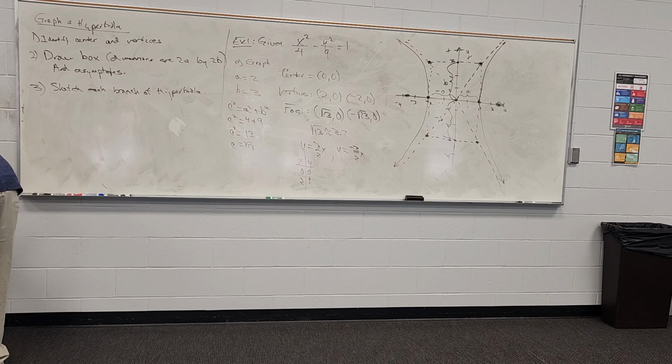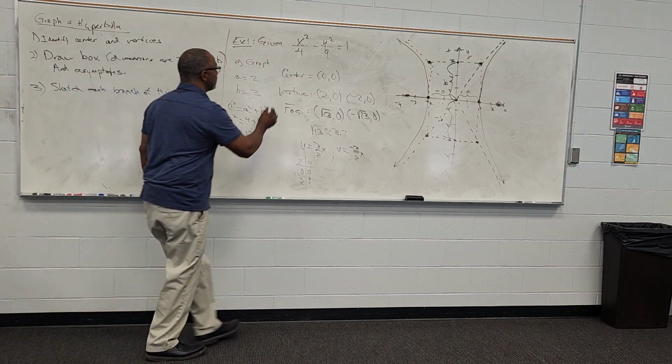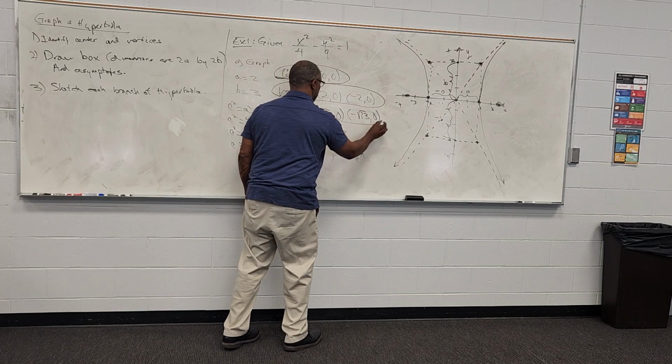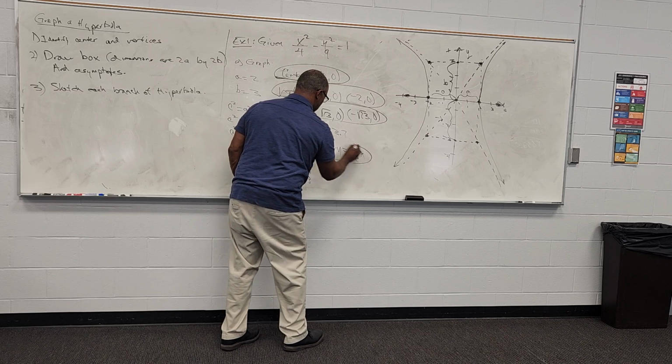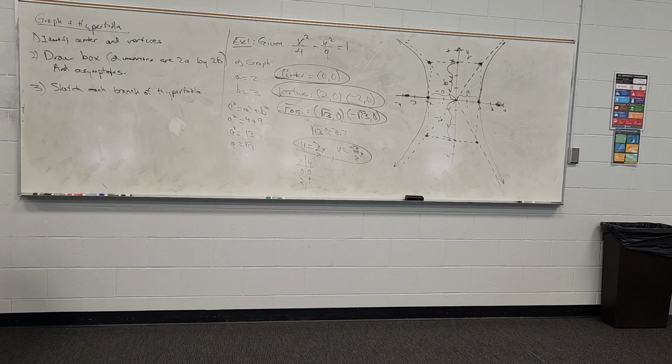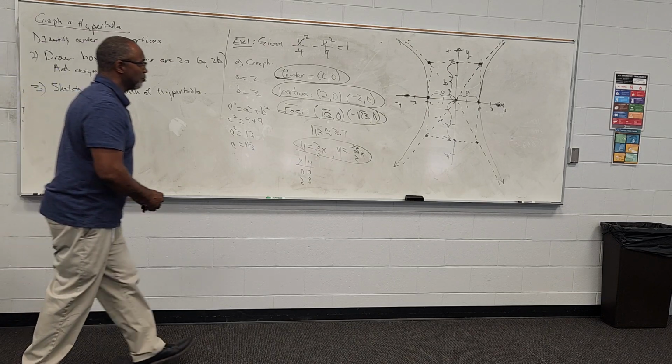Identify the center, foci. They wanted us to identify the center, vertices, foci, and asymptotes. So we did the center, we did the vertices, we did the foci. These were the asymptotes. Okay? So that's the graph of that hyperbola.